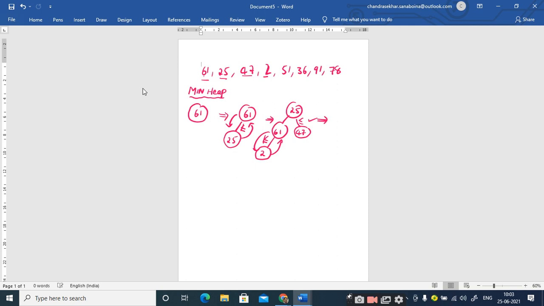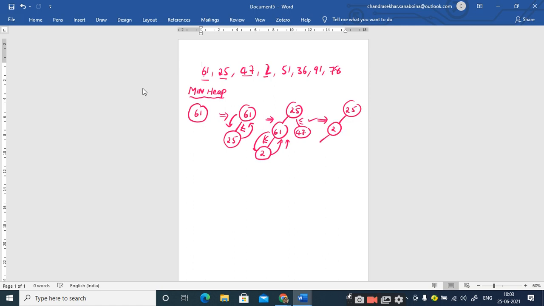After the swap operation, don't stop there; you should do the heapify upward. Am I doing the heapify operation in the upward direction or not? I am moving the leaf nodes towards the root, so this is called the heapify upward operation.